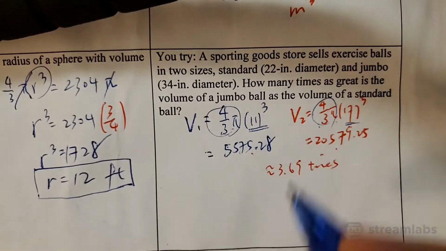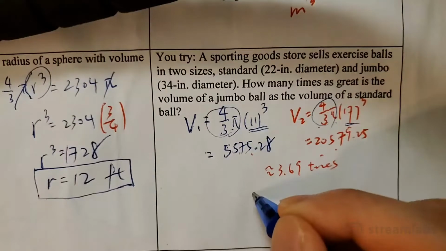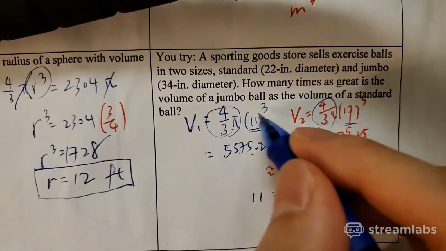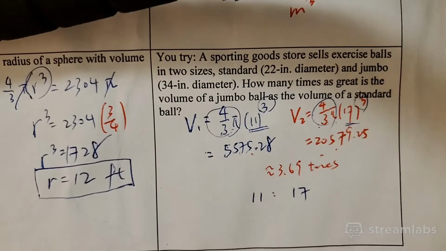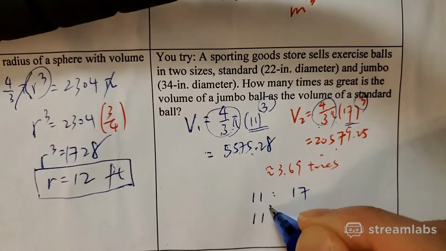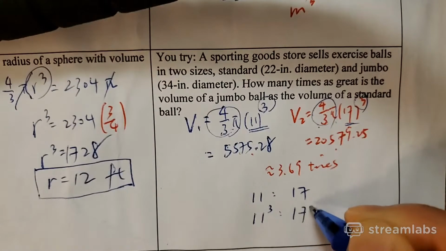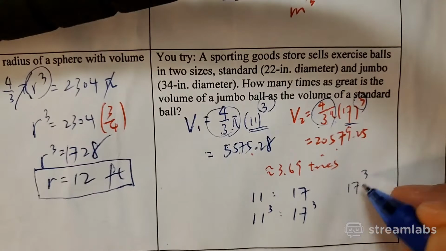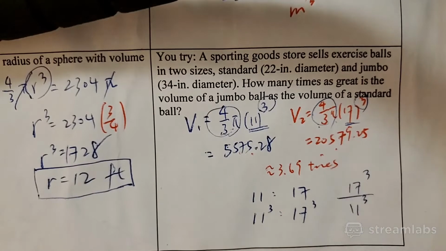So the ratio between them, originally it was 11 to 17 in the length. But the volume, because it's r cubed, it's a three-dimensional change. So your ratio becomes 11 cubed versus 17 cubed. So you can just divide 17 cubed over 11 cubed, and you'll get the answer.